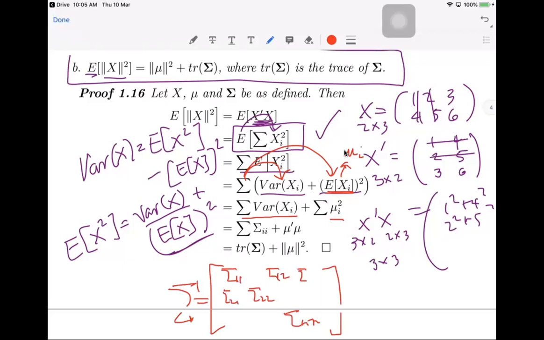So the summation of the variances is actually the trace of your sigma.